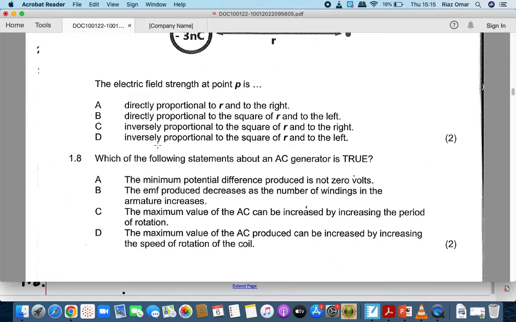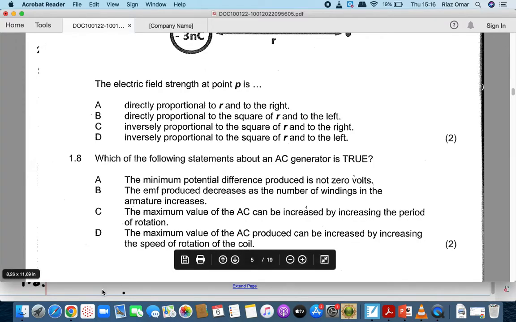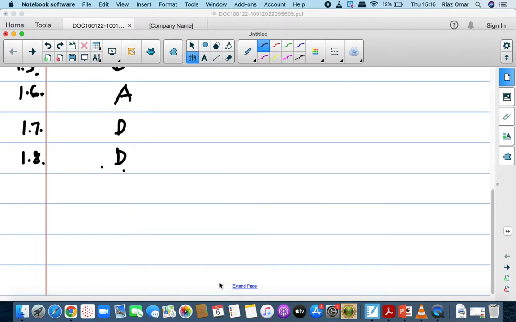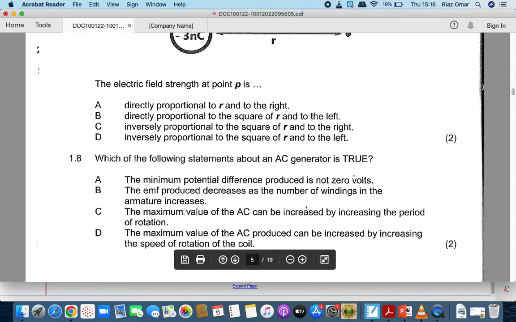So you can increase the maximum value of the AC by increasing the speed of the coil. So D seems to be the best answer. So for 1.8, the answer will be D. So you can increase the EMF by increasing the speed of the rotations. That's 1.8.